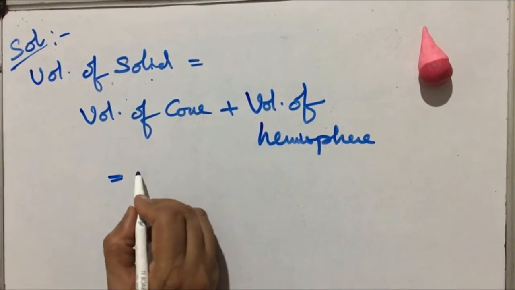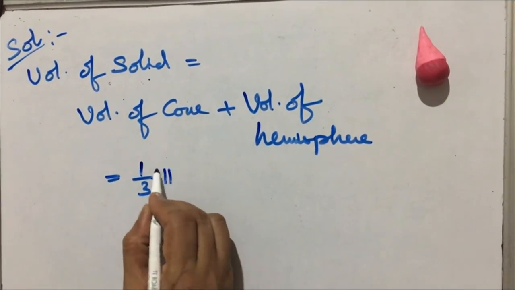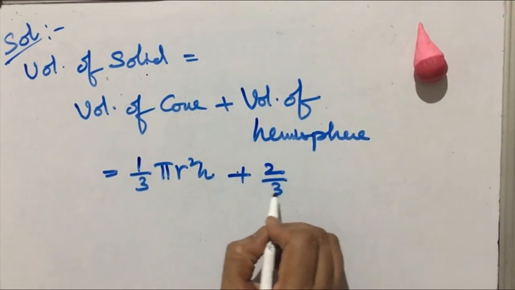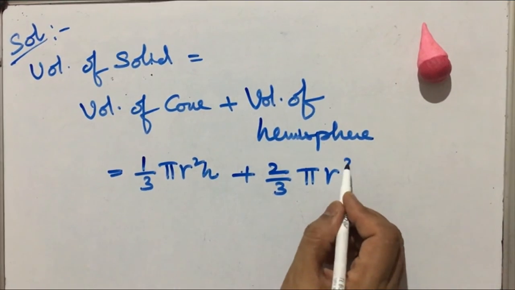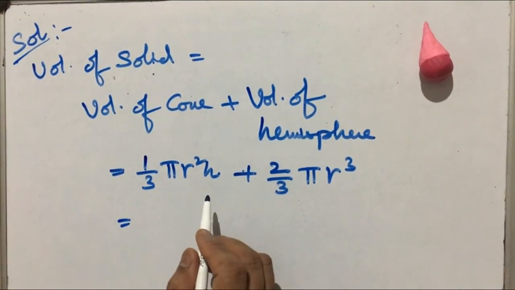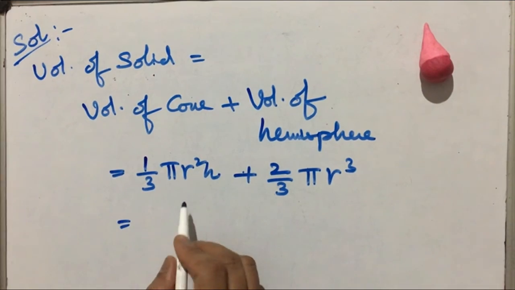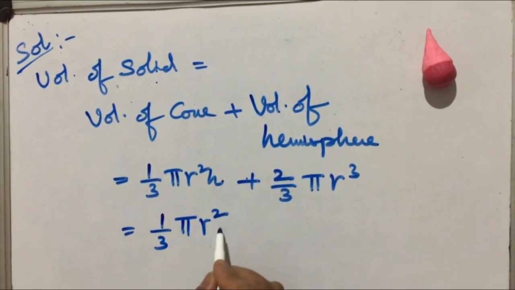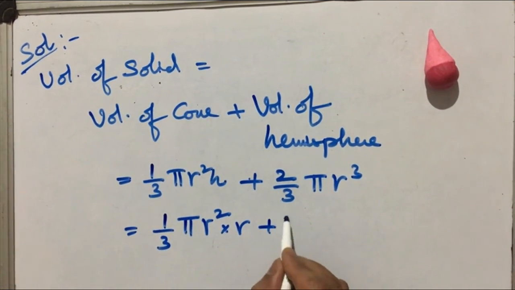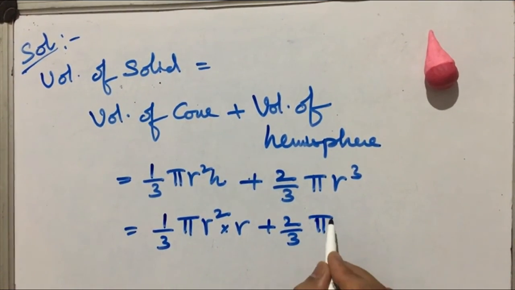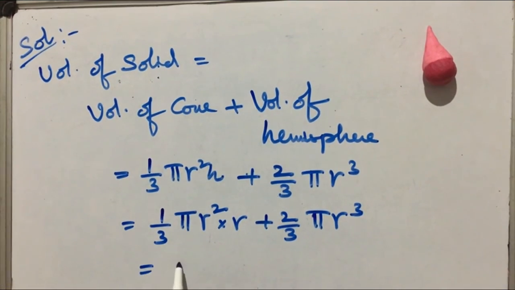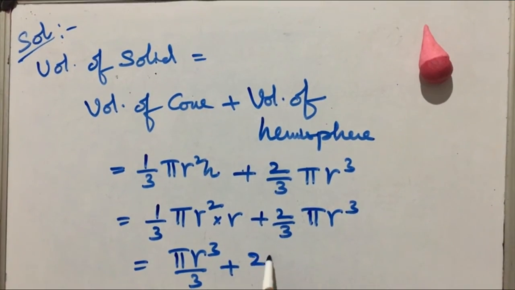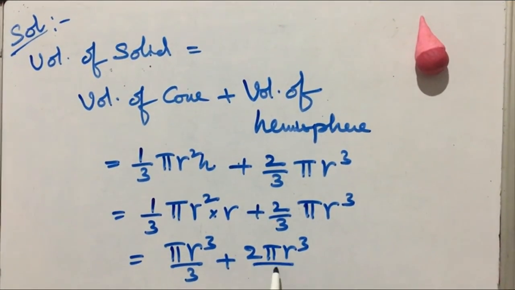This is equal to 1 by 3 pi r square h, and this one is 2 by 3 pi r cube. Here as h is equal to r, I can write it as 1 by 3 pi into r square into r plus 2 by 3 pi r cube. This is nothing but pi r cube by 3 plus 2 pi r cube by 3.